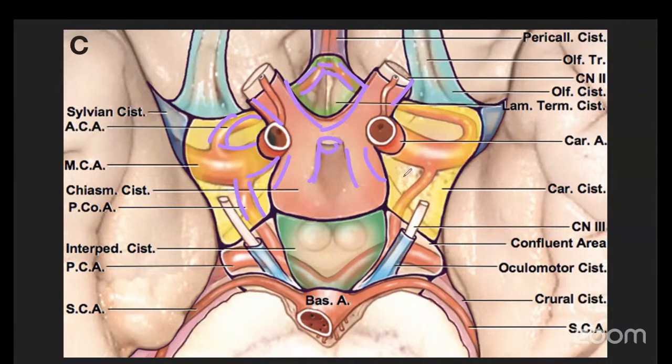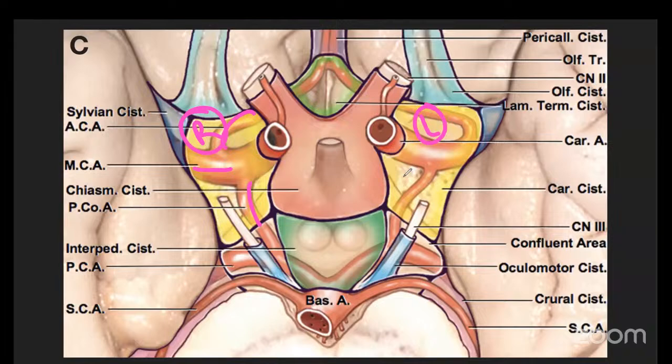Okay, coming back. Why is it important? Because we need to know what cisterns we are working with. Let me clear all of this. So the cisterns that you see on the sides, this is the right side, this is the left side. The cisterns that you see around the ICA, this is the terminal portion of the ICA. It's breaking into the MCA here, the ACA, the PCOM. So this is the carotid terminus.